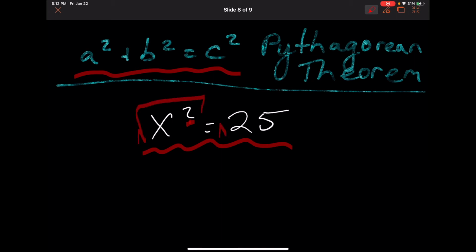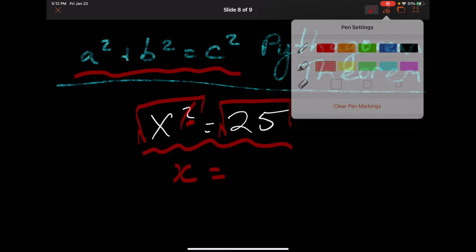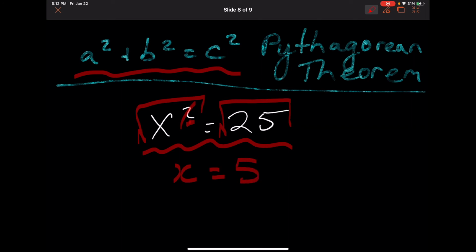So I would have to take the square root of both sides, which would cancel this out, and this would be 5. I can check this because 5 times 5 is 25, and then I square root it and get 5. So it shows that this can be canceled out.